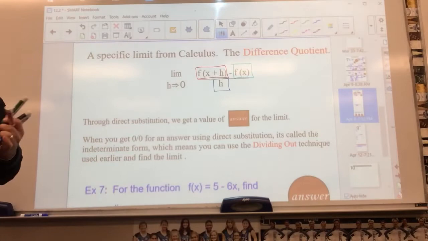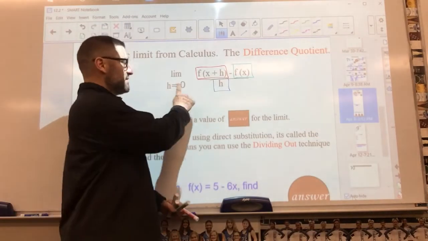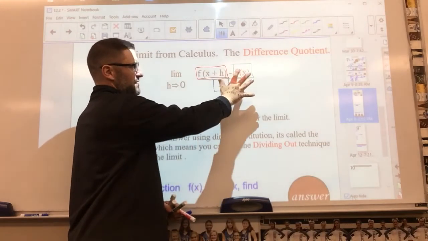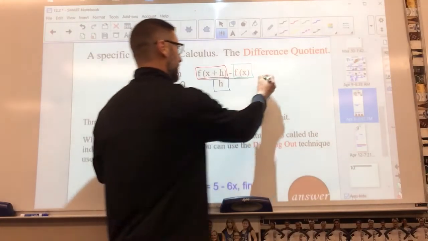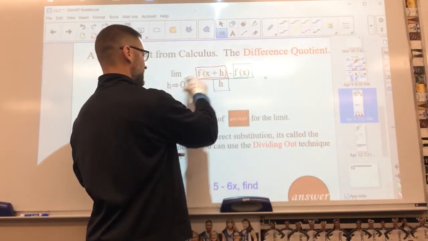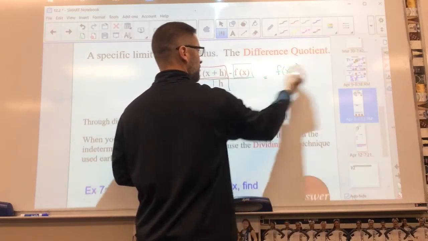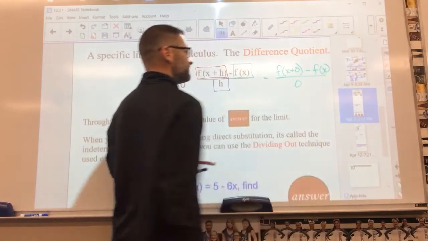Okay? And let's try to find this limit just with direct substitution. I'm going to take the 0 and I'm going to plug it in for the h's. Find the limit as h approaches 0 of this formula. So I plug the h's in. I plug the 0 in, and I get f of x plus 0 minus f of x all over 0.